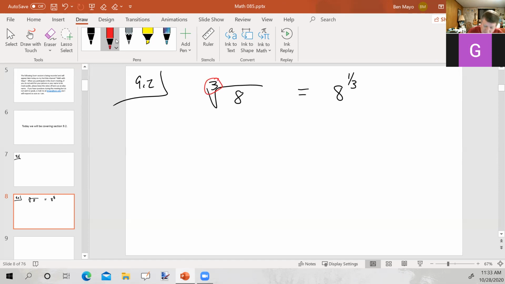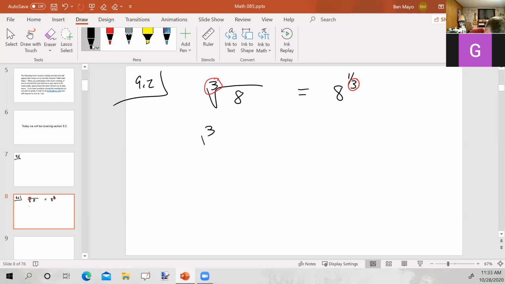The index of the radical becomes the denominator of the exponent. So the cube root of 8 is equal to 8 to the 1/3 power.